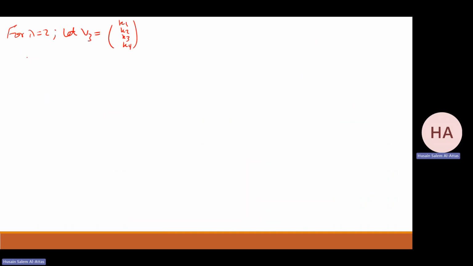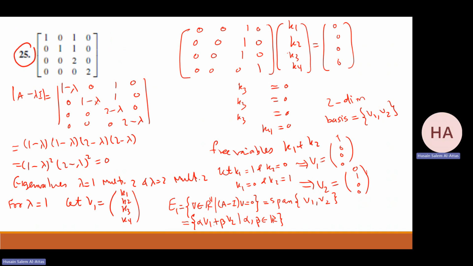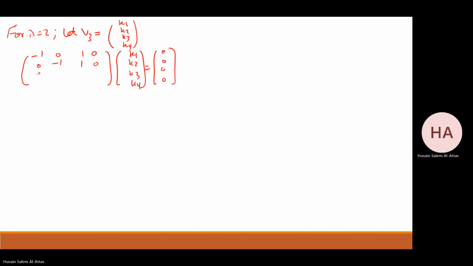I have minus 1, 0, 1, 0, then 0, minus 1, 1, 0, then 0, 0, 0, 0, 0, 0, 0, 0.